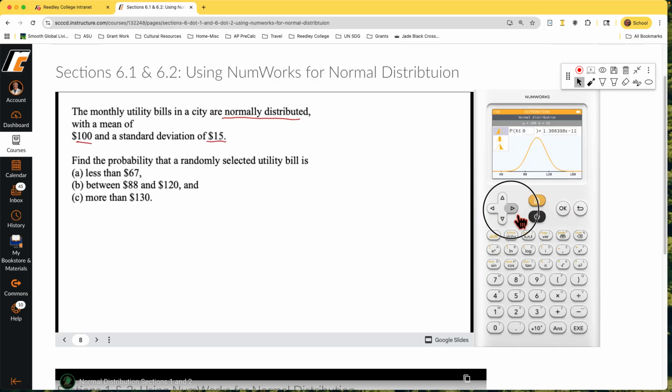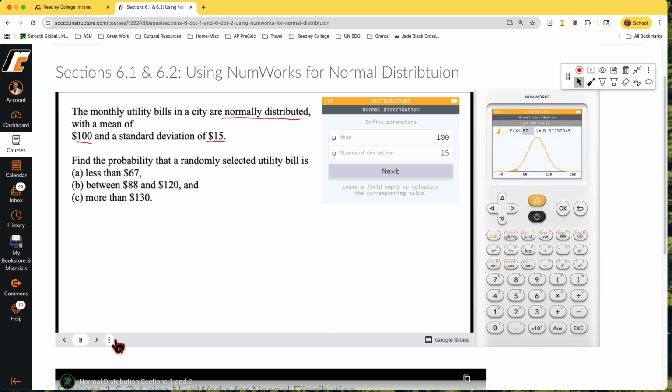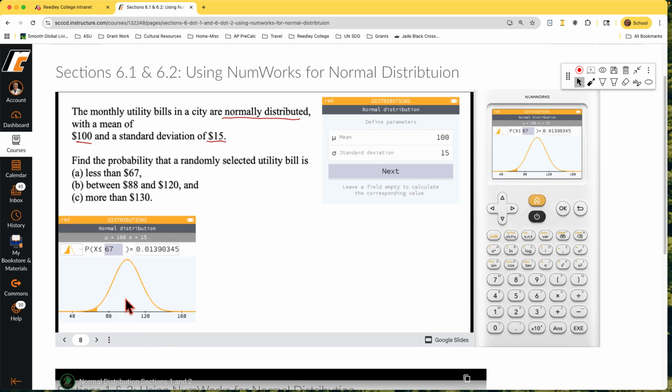Again, we come to the less than tool, and then we enter here, X is less than or equal to $67. We'll hit OK, and there's this little shading here. It's way in the corner. And I'll give the bigger picture here, right? Less than 67. That's 0.0139, less than 1%, 1.4% if you want to round it to a decimal place, right?